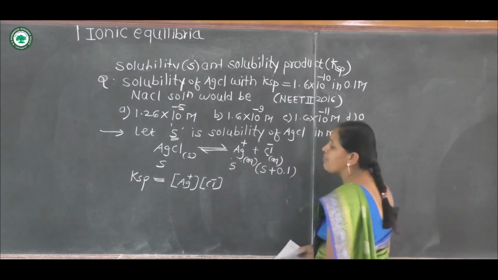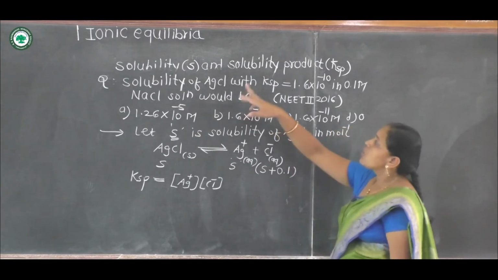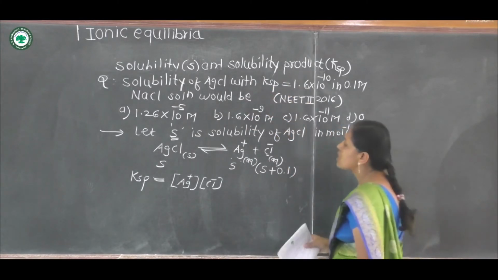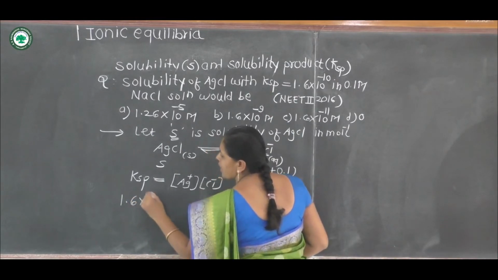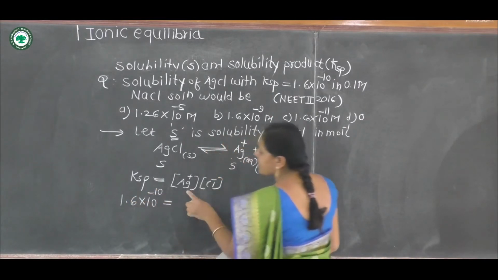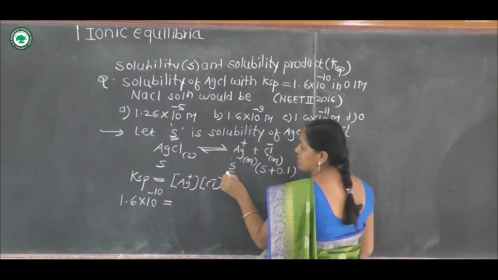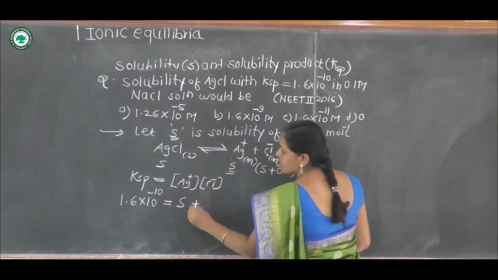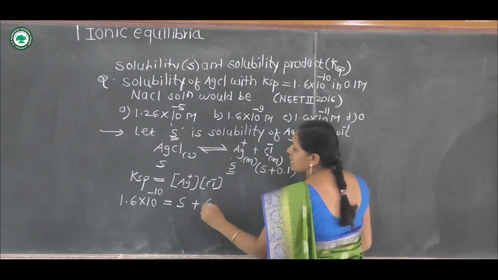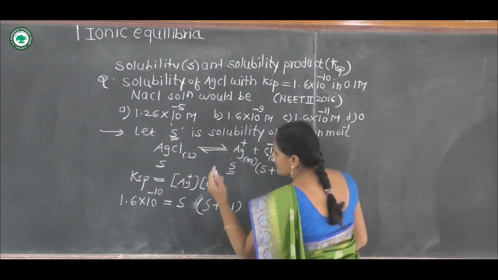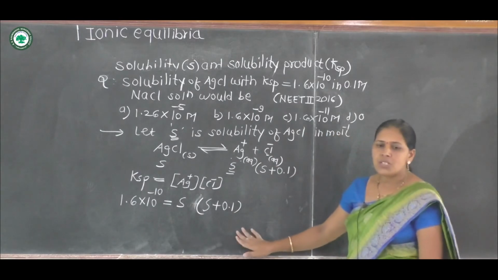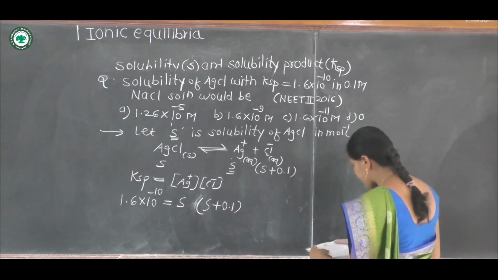Then substituting values, what is the solubility product? 1.6 into 10 raised to minus 10 is equal to the solubility of silver, S, and Cl minus, S plus 0.1. S into S plus 0.1.